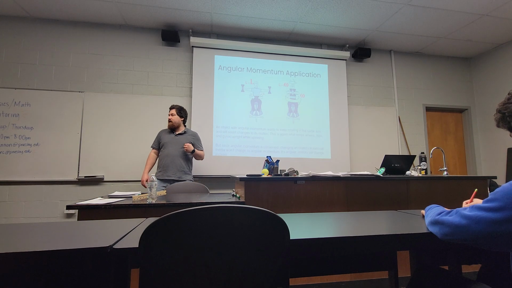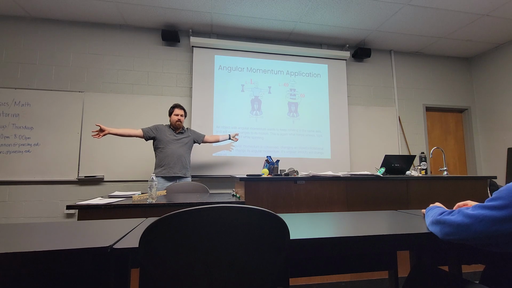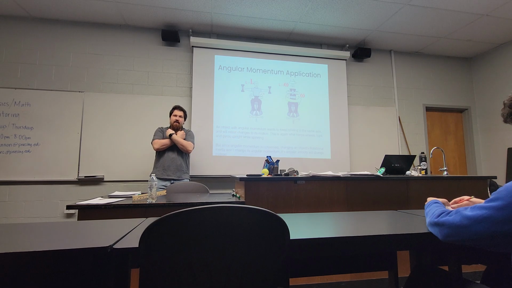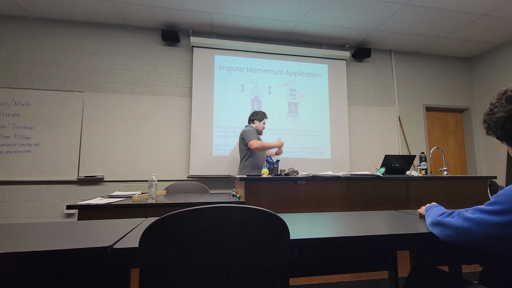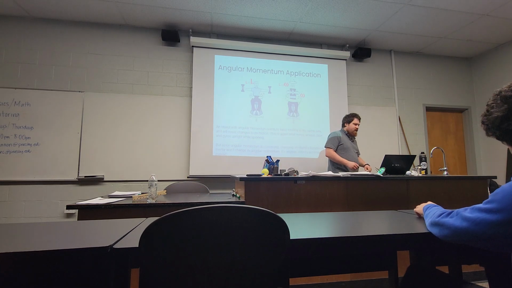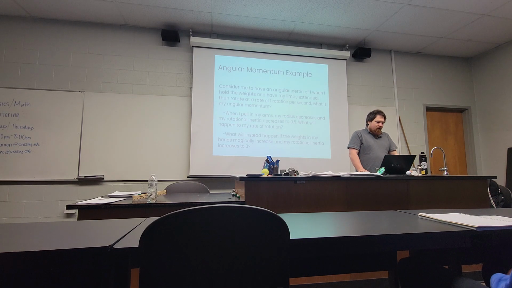Last time I demonstrated this by sitting in a stool, holding weights out as I spun, and then changing my moment of inertia, angular inertia. By pulling the weights in, angular inertia drops. My velocity had to rise in order to keep my momentum constant. So, very last rotational concept for now, to make sure that all that information feels good in your brain.